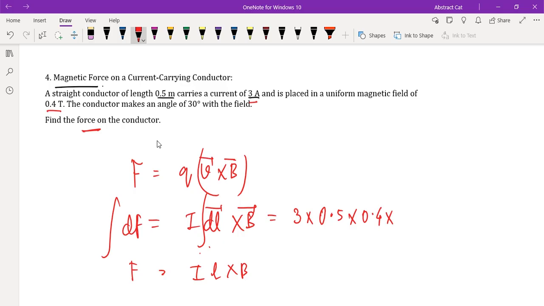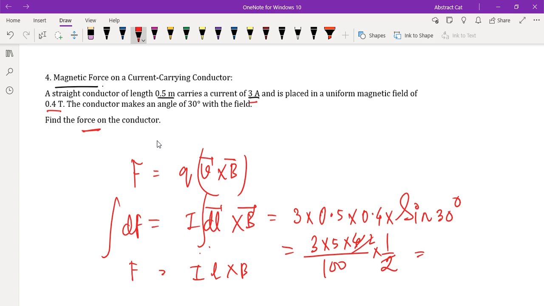The angle between these two is obviously sine 30 degrees. So 3 times 0.5 times 4 by 100, sine 30 is 1 by 2, 2 cancels. So here 5 times 10, the 1 0 cancels, 0.3. That is 0.3 Newton.